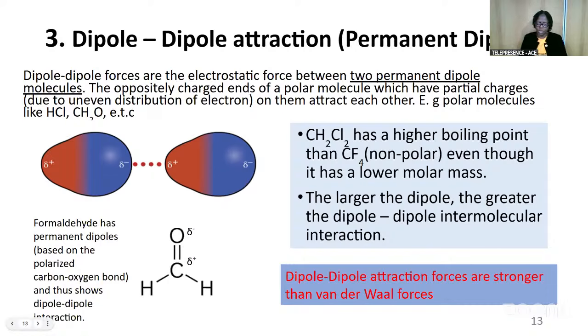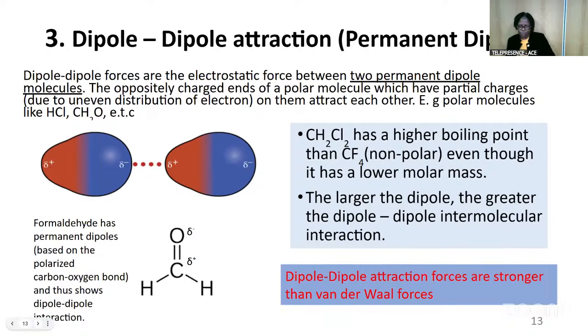attraction between the molecules. Dipole-dipole attractions are stronger than London forces that you will have in CF4. In CF4, you have a complete non-polar system, so you're going to have dispersion forces.